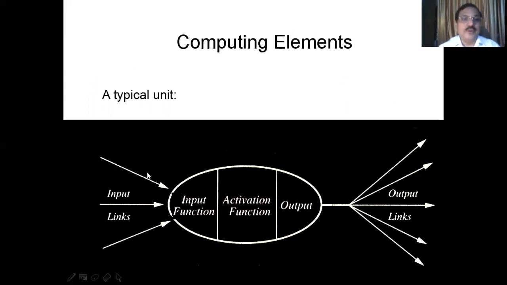There is an input linkage, here it is, and this one is the input function, and then there is an activation function, some mathematical function, that processes the input value and gives the output, and this output is connected to the output linkage for other neurons. So one unit is connected to another unit. This unit is also coming from this part of the unit.